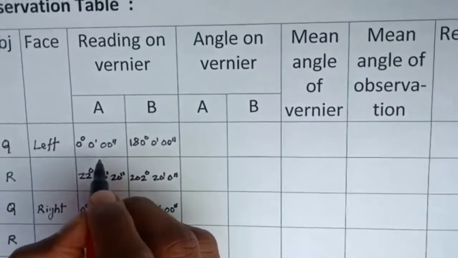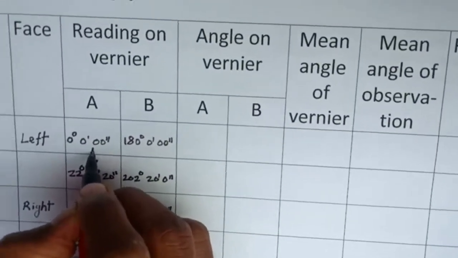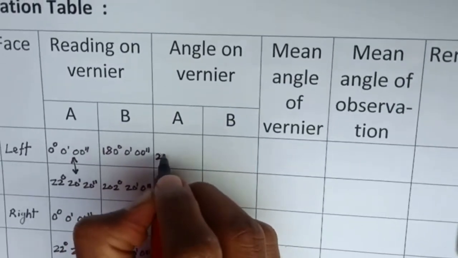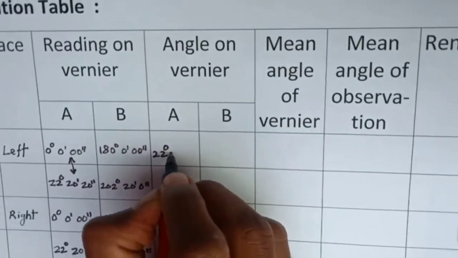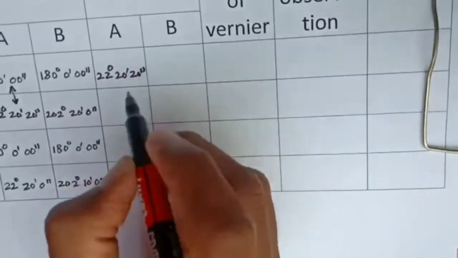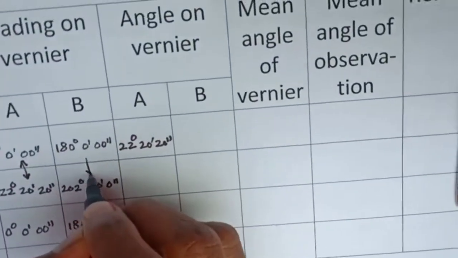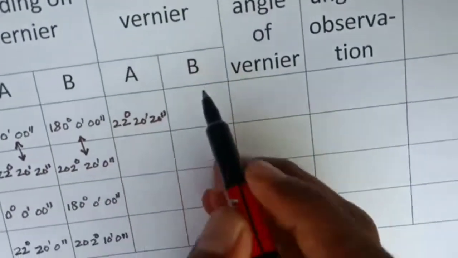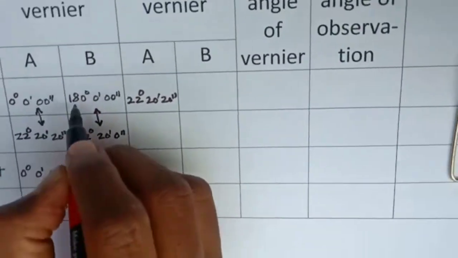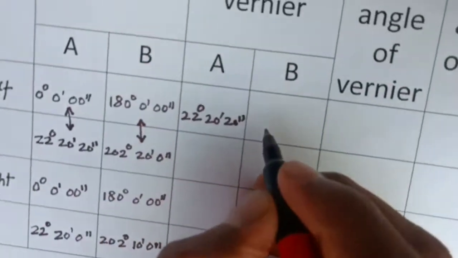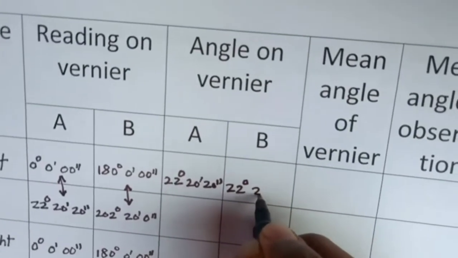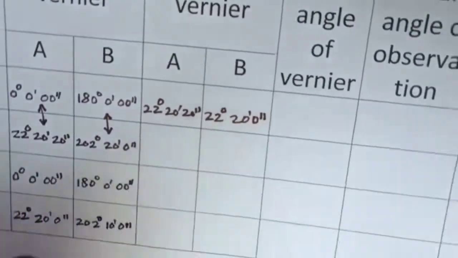The difference between these two readings gives the angle on vernier A, so here 22 degree, 20 minute, 20 second. Now the difference between the two readings at B will be your angle on vernier B: 202 degree, 20 minute, 0 second minus 180 degree. So the answer is 22 degree, 20 minute, 0 second.